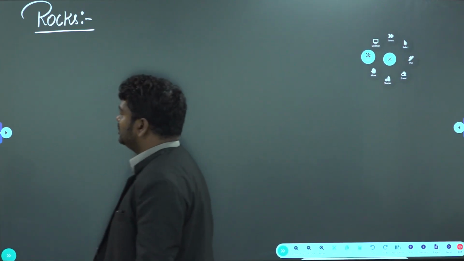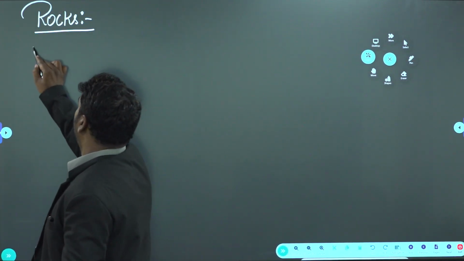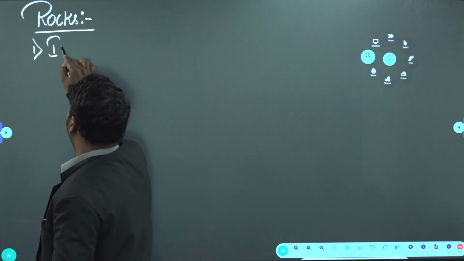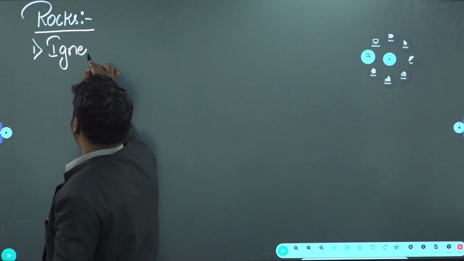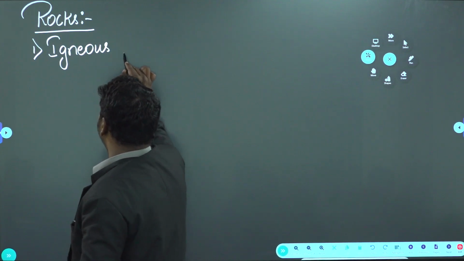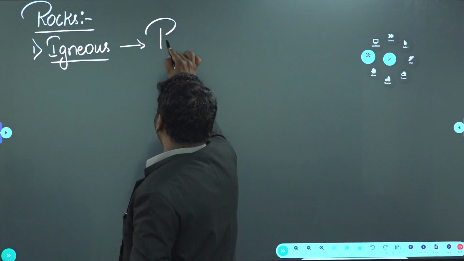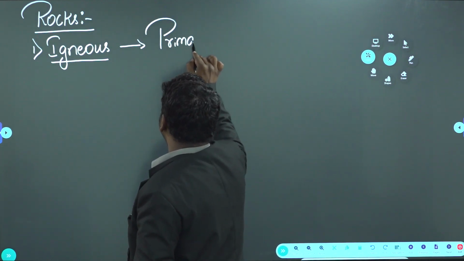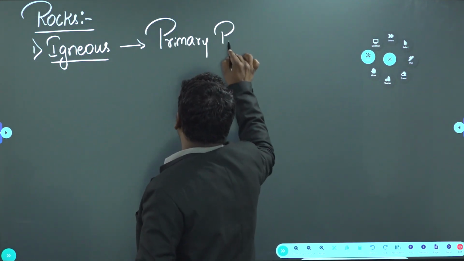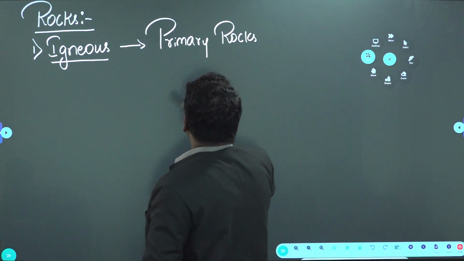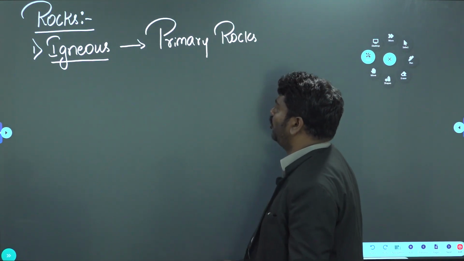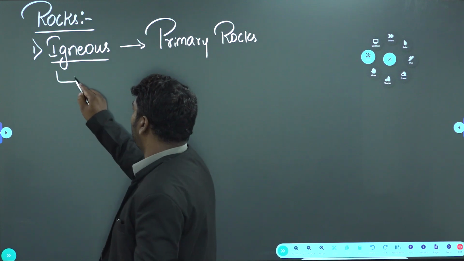On the basis of this, you'll have rocks. First is which one? Igneous rocks are called as? Why? They were the first formed from cooling of lava.